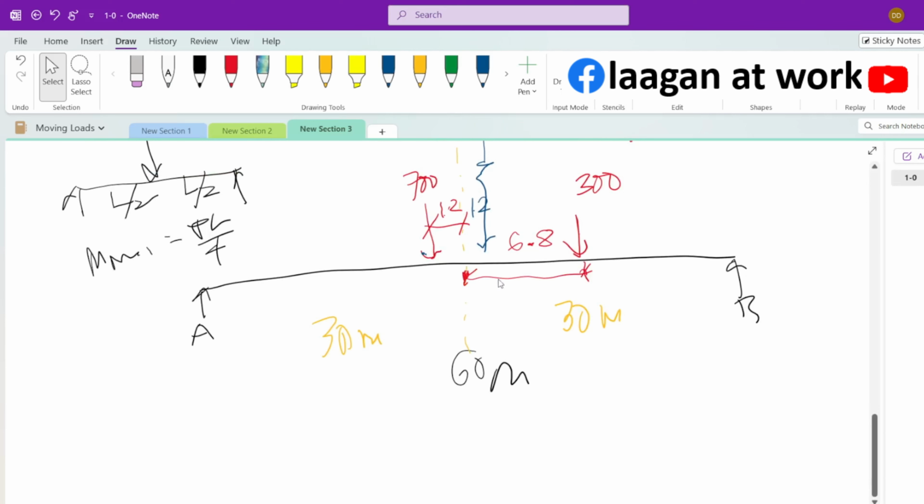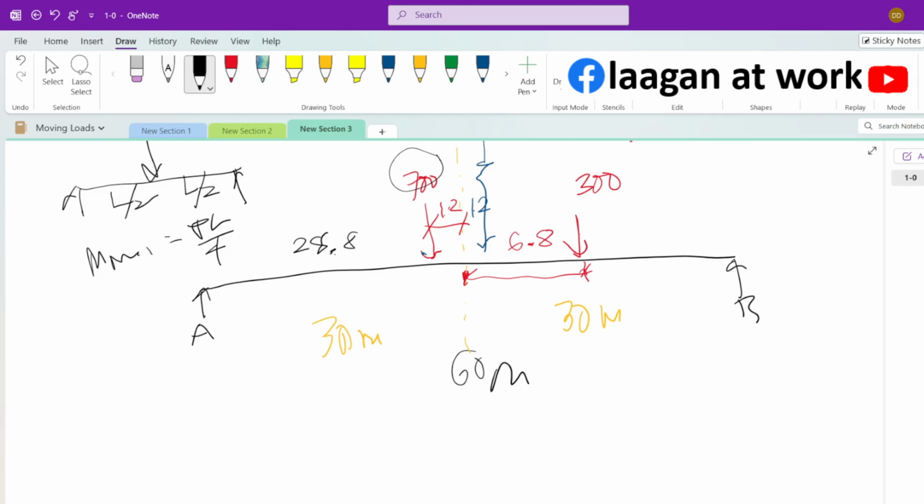So we'll use this diagram. Basically, 700 right here is 1.2 from the center line. So 30 minus 1.2 is 28.8. So the first load is 28.8 meters from the support A. 28.8 plus 1.2 is 30.